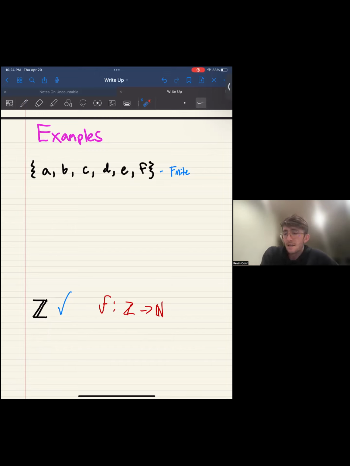But the idea is take one set and match it to the odds, the other set match it to the evens. So even though these two sets are indeed infinite, they are both countable, which is a little bit weird to wrap your head around. But it's okay.